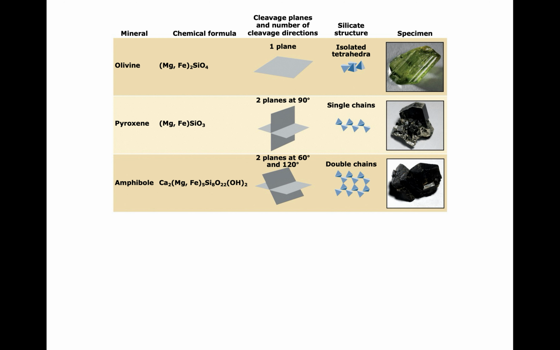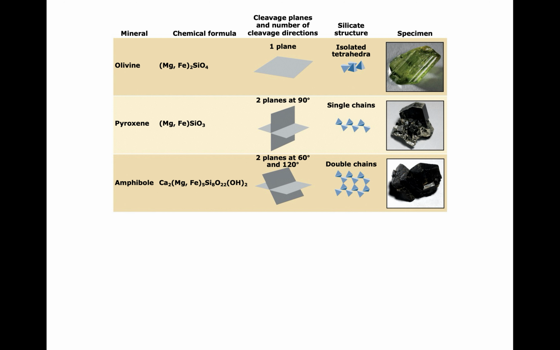Next we have the amphibole. We have here the chemical formula of a clinoamphibole. When we talk about amphiboles, we also distinguish between clino- and orthoamphiboles. We will discuss this in the third year. Here we have, for example, a clinoamphibole, which is an actinolite, Ca2(Mg,Fe)5Si8O22(OH)2.